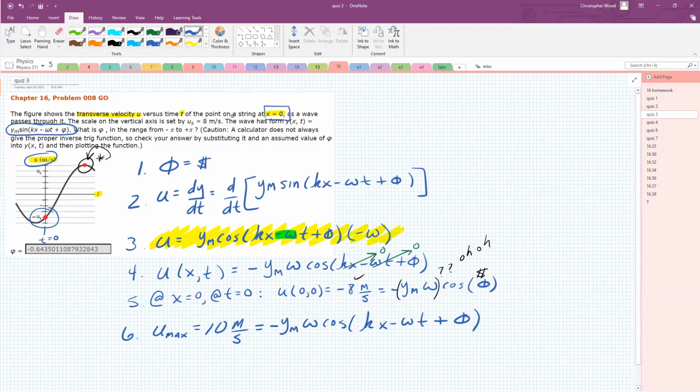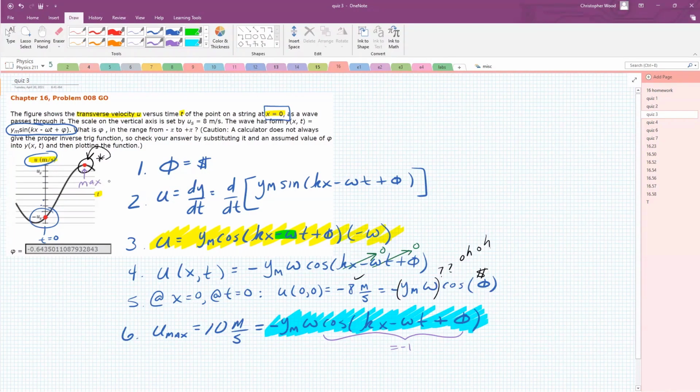So here's a question. If this entire right side equals 10, I can for sure say that this expression right here has to equal -1. Because you can see, if I'm looking at this point right here, this is a max point.